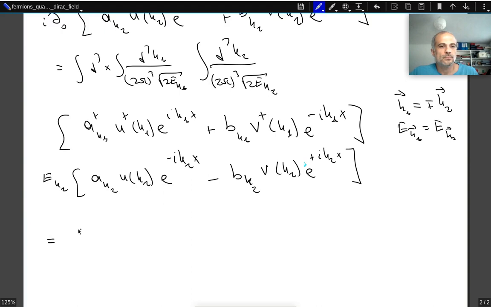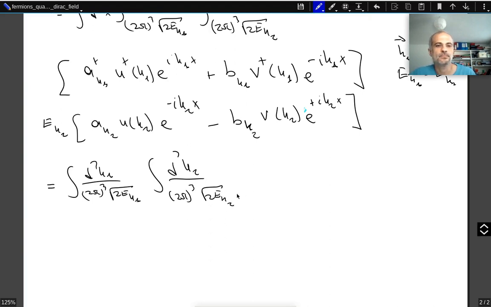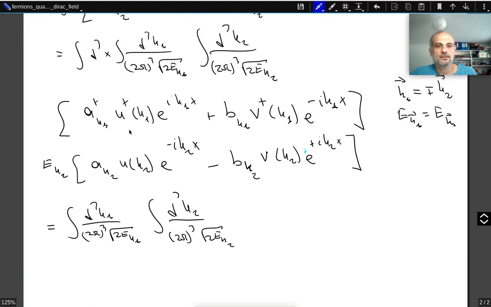And hence, I will just keep this in mind when I'm doing the computation. So let's see, I have this d cubed k1 divided by 2 pi cubed, 2e k1, d cubed k2 divided by 2 pi cubed, 2e k2, and when I take the d cubed x integral, I will get some Dirac deltas with 2 pi cubed, so let me also write the 2 pi cubed out.